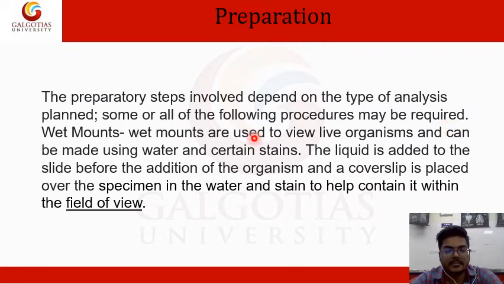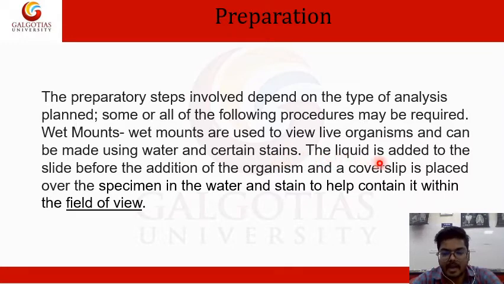Now the preparation. The preparatory steps involved depend upon the type of analysis planned. Some or all of the following procedures may be required. Wet mount. Wet mounts are used to view live organisms and can be made using water and certain stains.